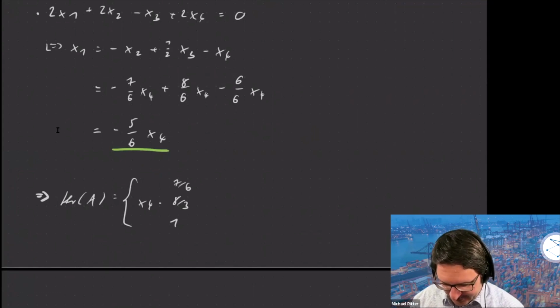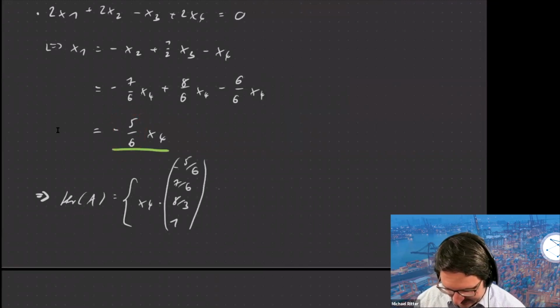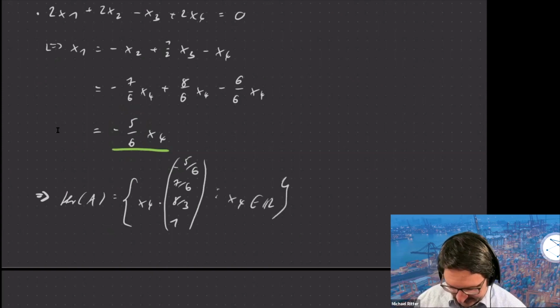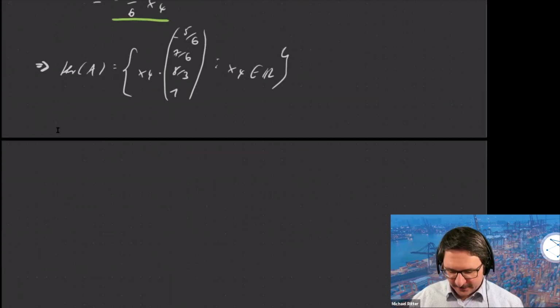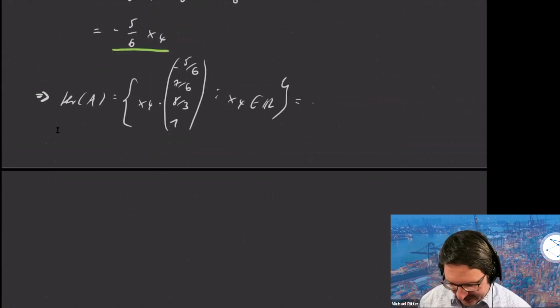And for the first position, we get minus 5 over 6 x4. So it looks like this. And x4 is any real number. And of course, you can also write this as the span of this vector here.